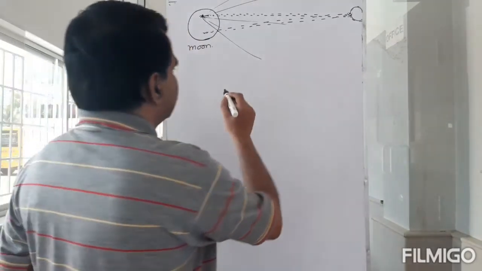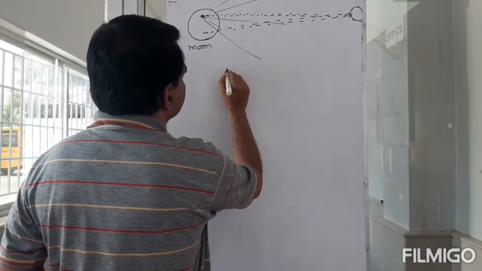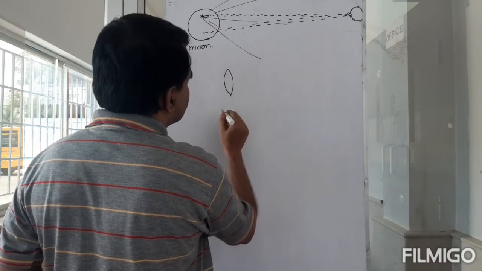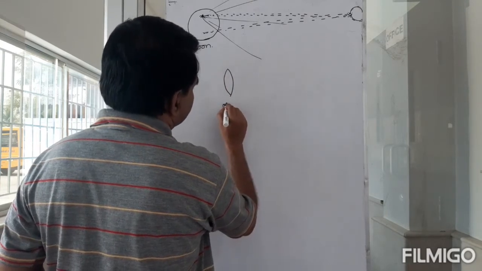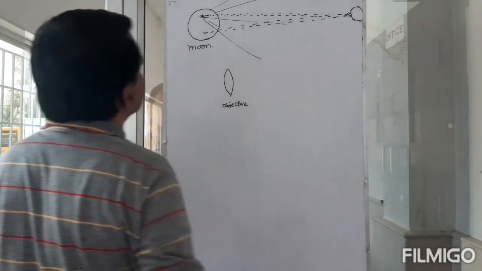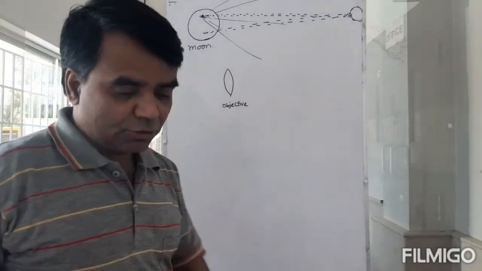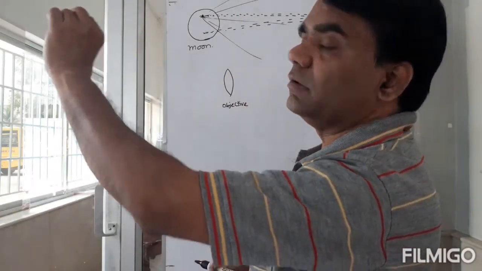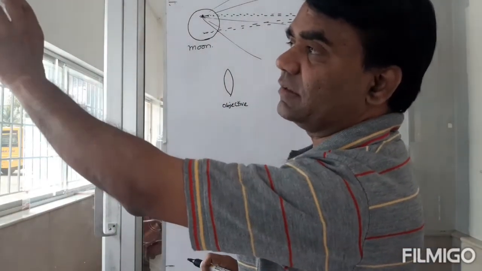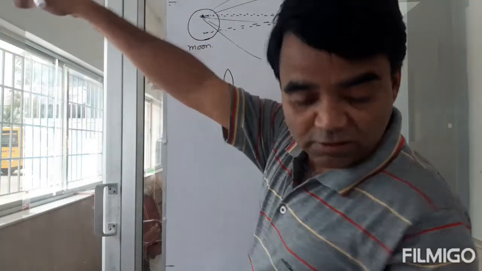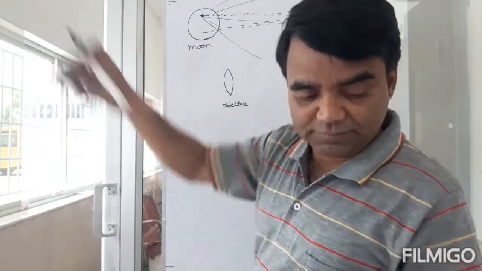Let me take a lens. Again, this is the objective. Suppose I show this lens. I keep it between my eye and an object which is far away.